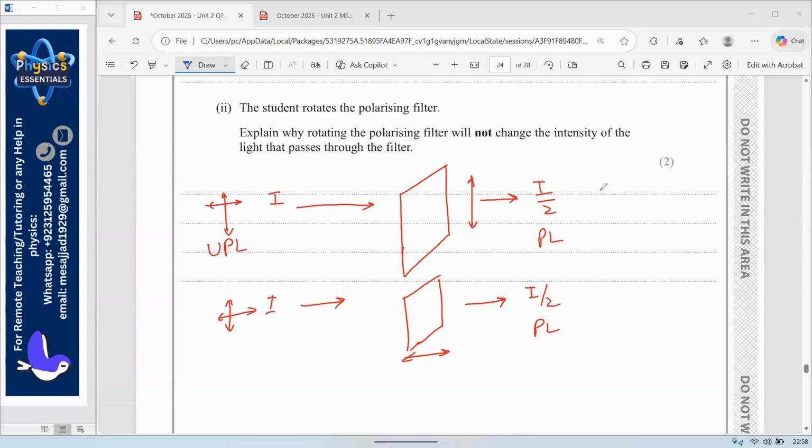But this time we will say the light is vertically polarized, and here it is horizontally polarized. In both cases you can see that the intensity is the same. So this is your one point.